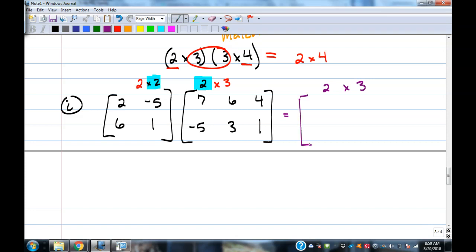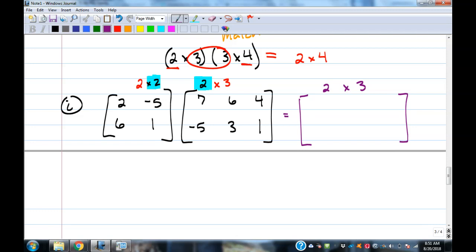Now, matrix multiplication is a little more complicated than addition and subtraction. It's not element for element because it doesn't match up, right? So what we have to do is take this row times this column and then add the results.